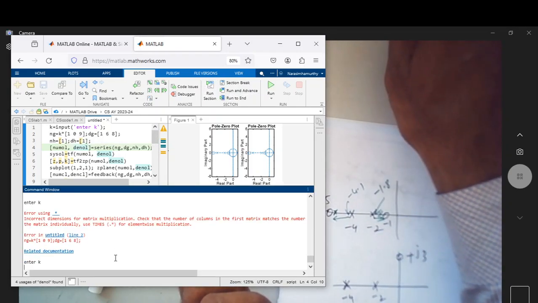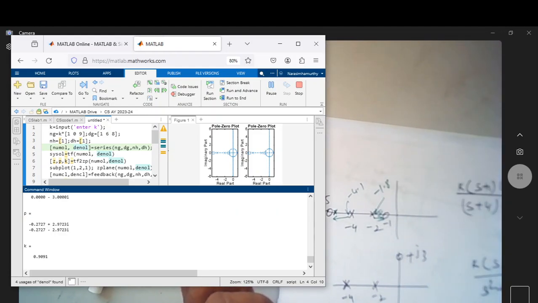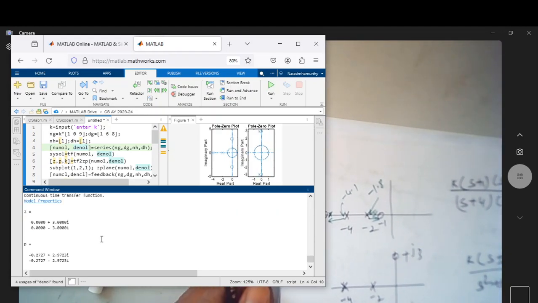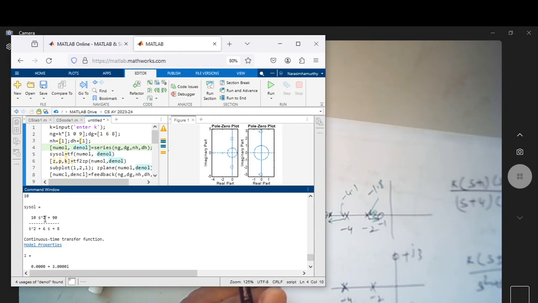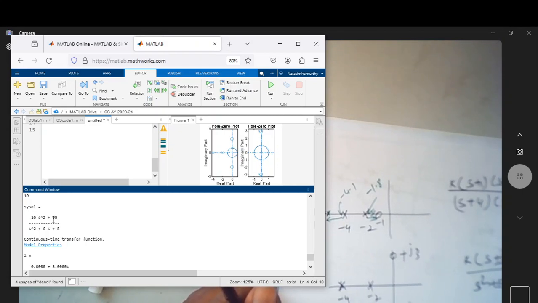Give the value of k as 10. See now, this is the open loop transfer function, which is 10 times s square plus 9, because I have given the value of k as 10 now. So s square plus 9 into 10 will become 90.